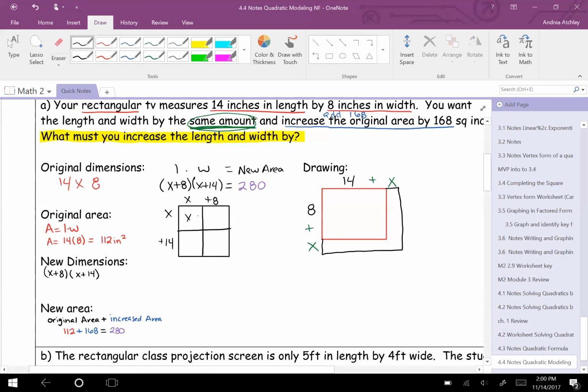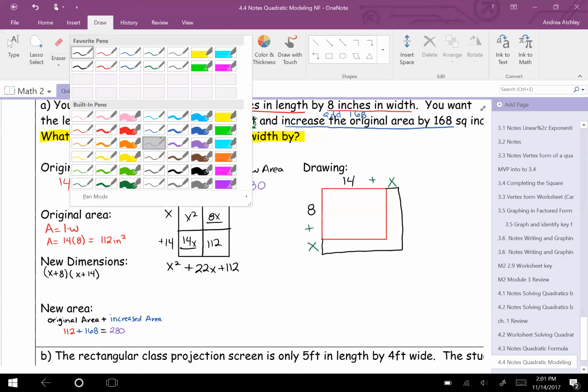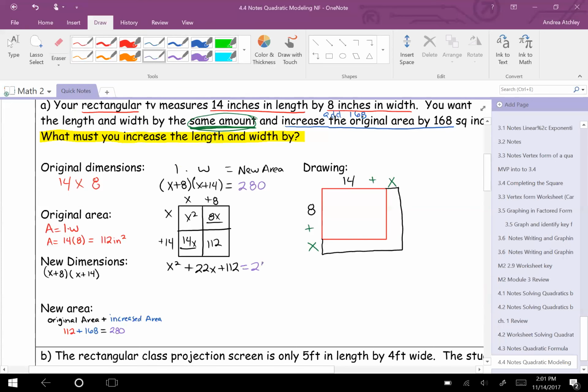So this is x squared, this is 8x, this is 14x, and this is 112. That's going to give me x squared, plus I'm going to combine my like terms. 8 and 14 is 22 x's, plus 112, and it still equals 280. Any questions over that?